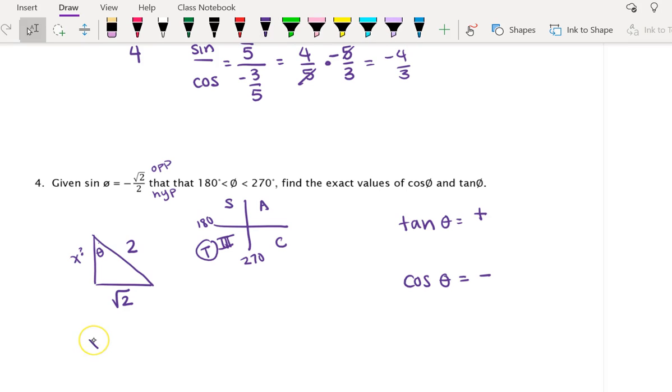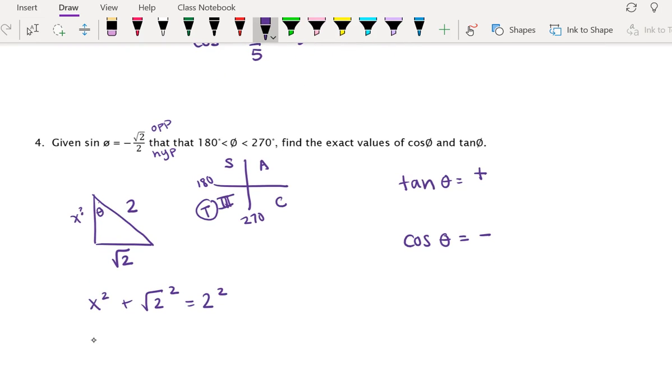So let's take x squared plus the square root of 2 squared is equal to 2 squared. And so I end up with 2 plus x squared equals 4. So x squared equals 2. And then if we take the square root, we get x equals the square root of 2. So I actually have the square root of 2 over here as well.